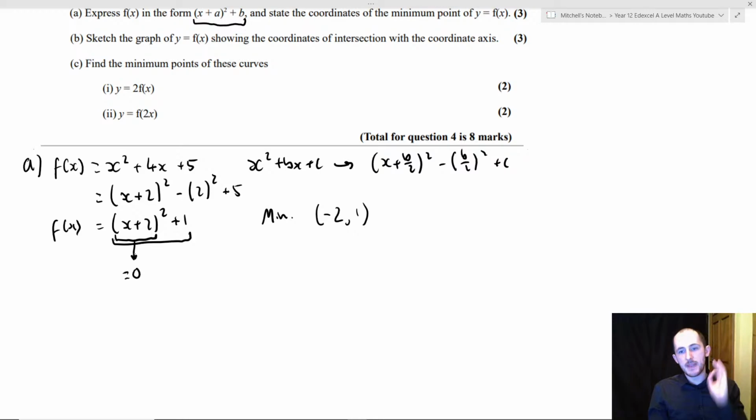Now, how can I make it equal 0? Well, if the inside equals 0 and I'm plussing 2, x has to equal minus 2. So that's why that works. Now, if I do make that bracket equal 0, then I have a plus 1. So the smallest value f of x can give me is plus 1, which is where the 1 comes from. So that's where that comes from, okay? I hope that makes sense.